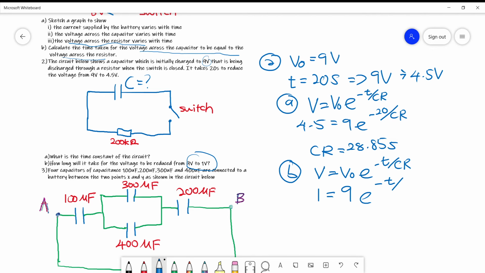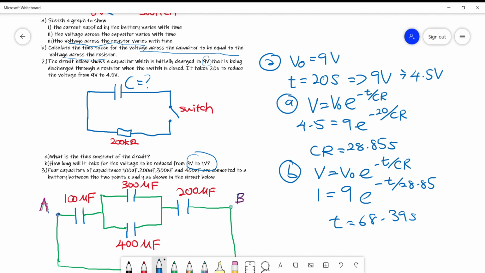The CR from question A is 28.85. So t is the ln of the answer times negative 28.85. So basically the answer will be 68.39 seconds. Is it correct?